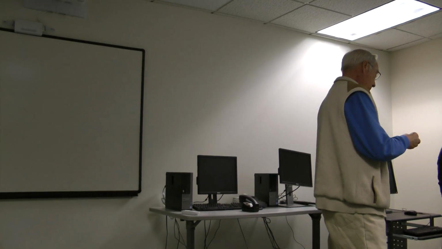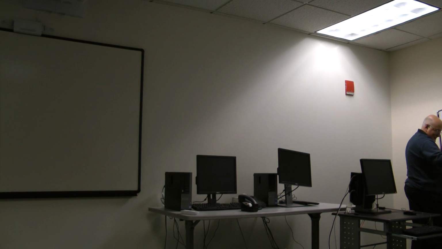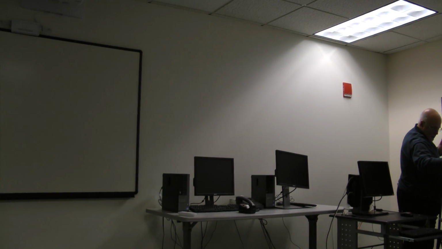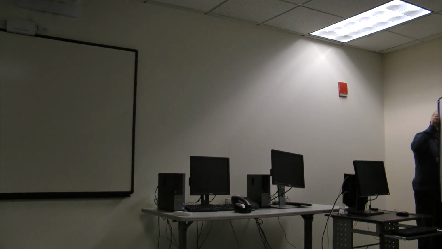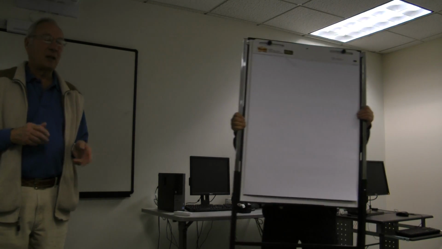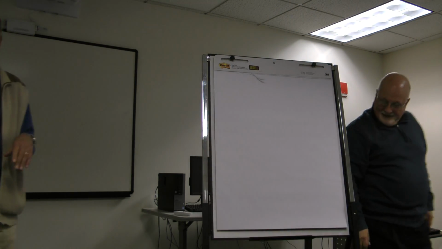Sharpie flip chart, no. If I read the instructions, I would have known. Somebody took all of the dry erase markers out of here. I don't usually use that, but it occurred to me that talking about antenna stuff, a picture might work. Here's some paper, it's permanent. Well, I probably don't need it. There you go. Thank you.